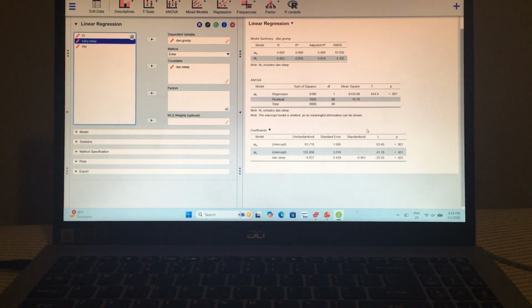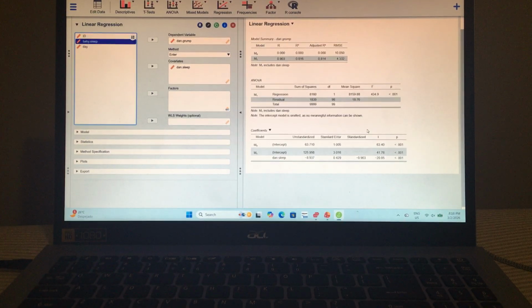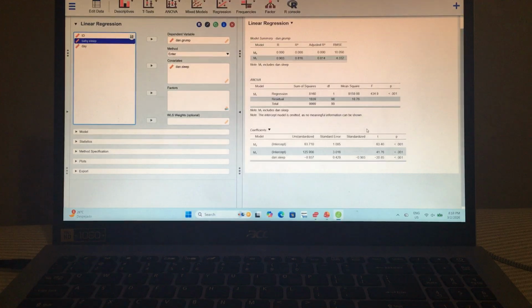So again, with a simple linear regression model, because there is only one independent variable, the results will be the same using either of these methods.